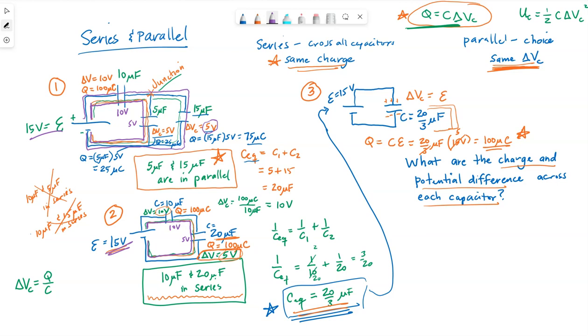There's one other check we can make, and that has to do with the charge. If we imagine for a second the charges that we're moving to create an equilibrium in this circuit.